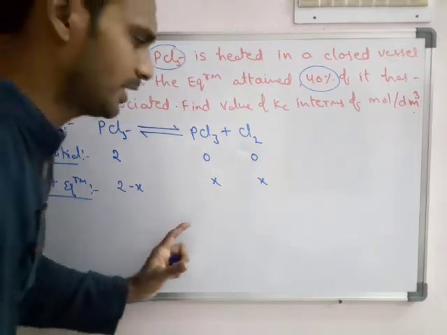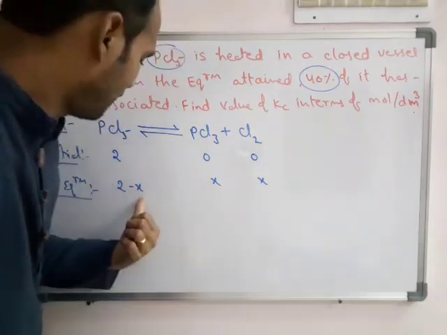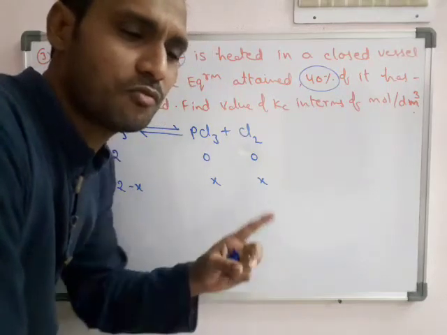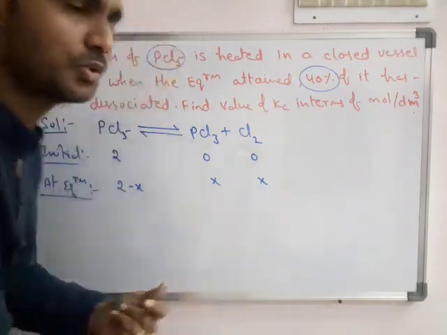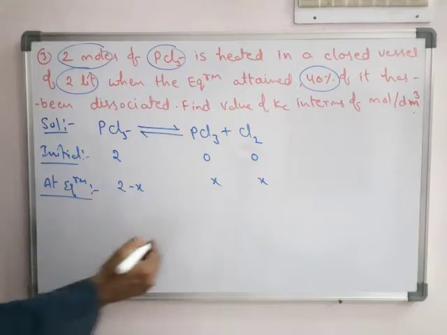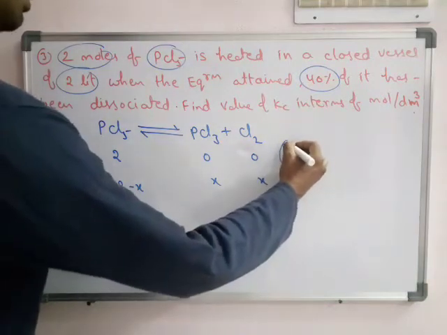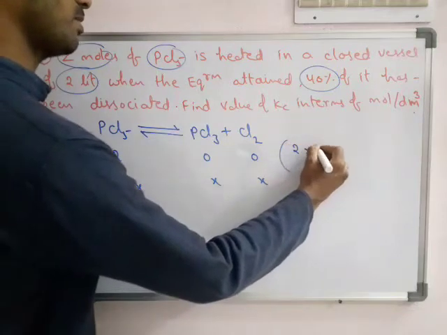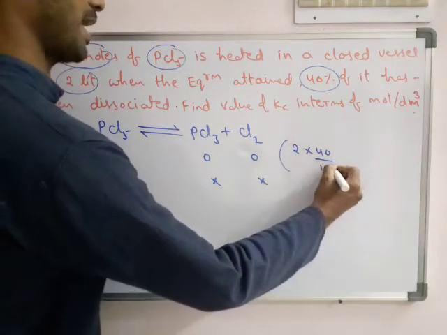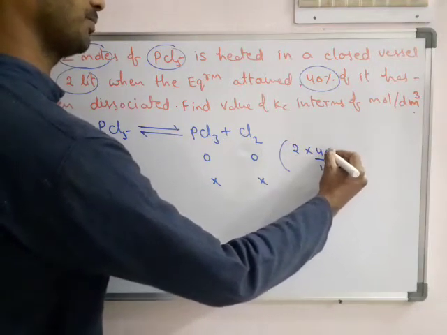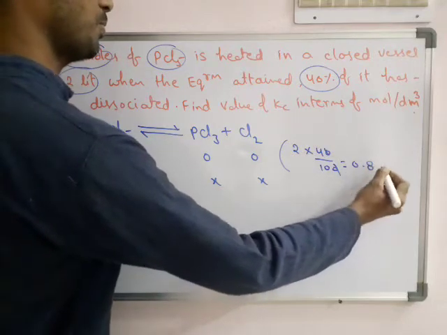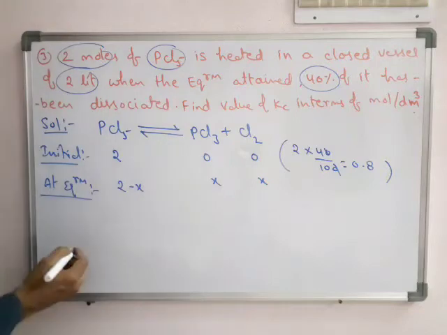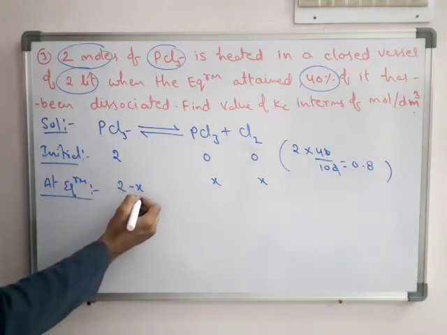It's a general writing. But what is the value of x? 40% is dissociated. So 40% of 2 moles reactant, how much reacted? That is 0.8 moles. So x equals 0.8.